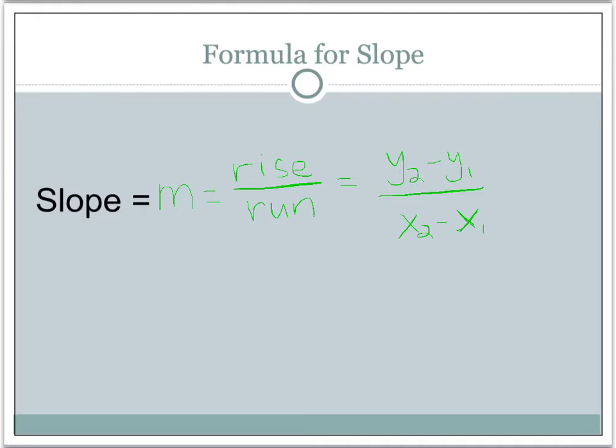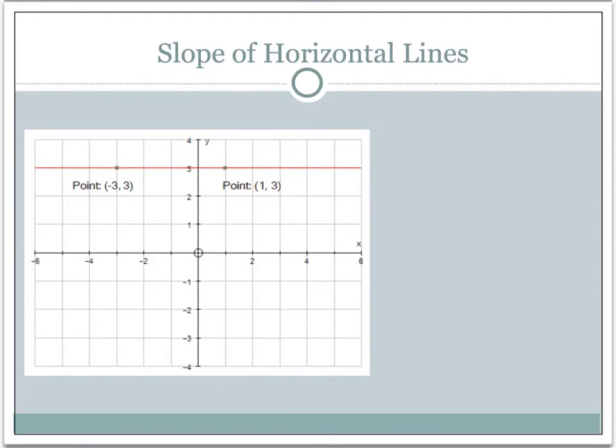And so we're going to use this again talking about horizontal and vertical lines. Let's take a look at the horizontal line first. Now, the slope of a horizontal line, we're going to take a look and say, well, how would we actually do this? Now, we have a graph in front of us, but for this one, I'm actually going to use the points that have been given to us. So we're going to use the formula that says y2 minus y1 over x2 minus x1.